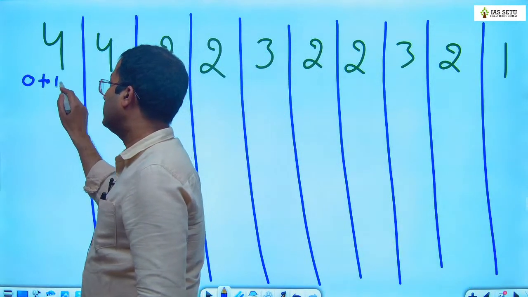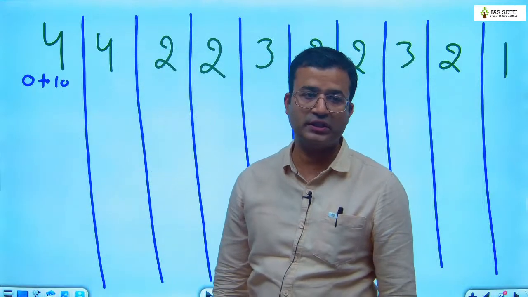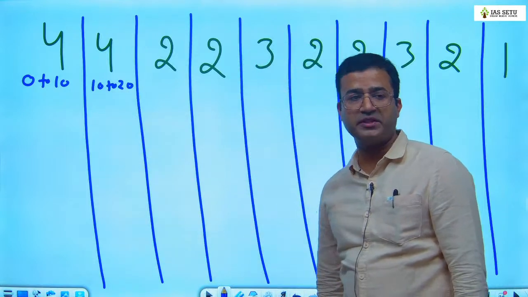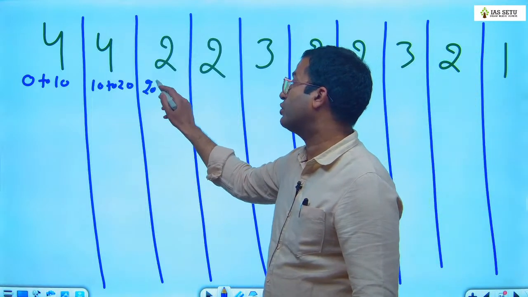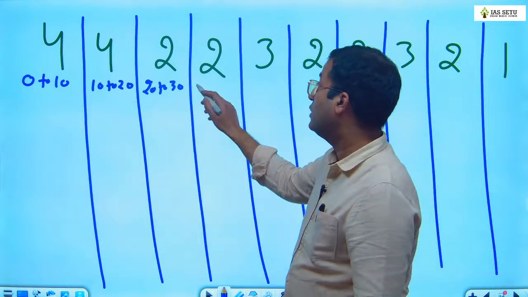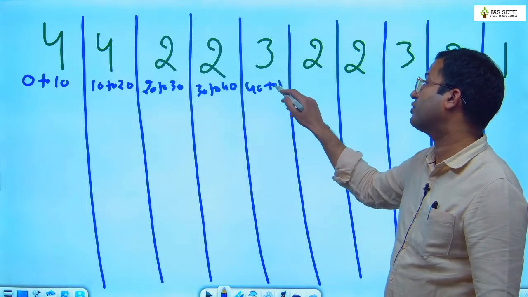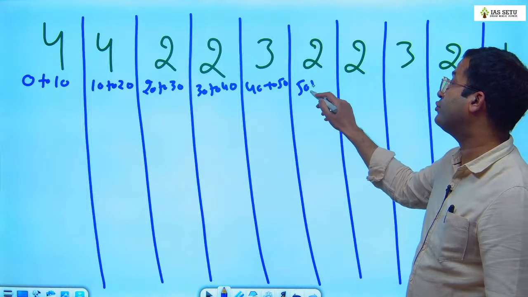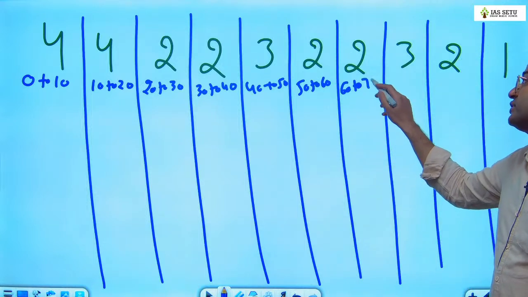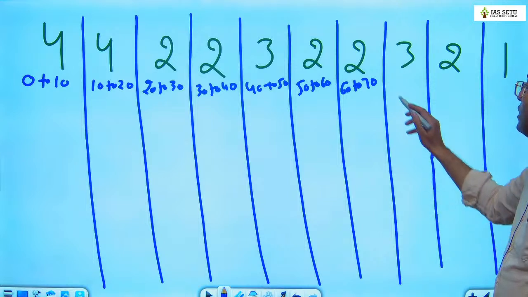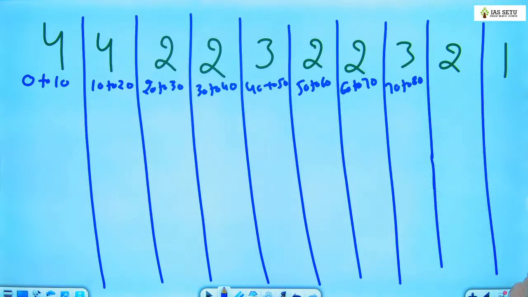From 0 to 10 there are 4 prime numbers. 10 to 20, 4 prime numbers. 20 to 30, 2. 30 to 40, 2. 40 to 50, 3. 50 to 60, 2. 60 to 70, 2. 70 to 80, 3. 80 to 90, 2. 90 to 100, 1.